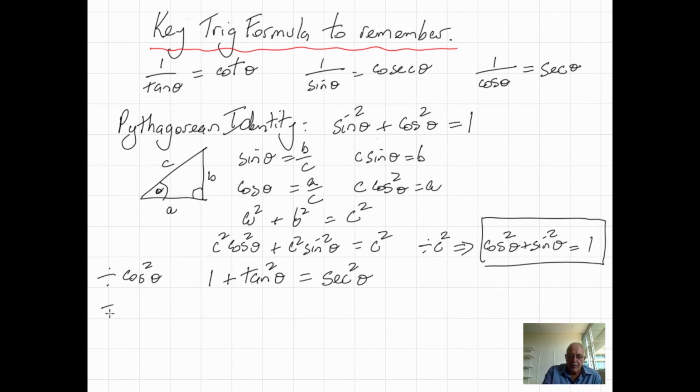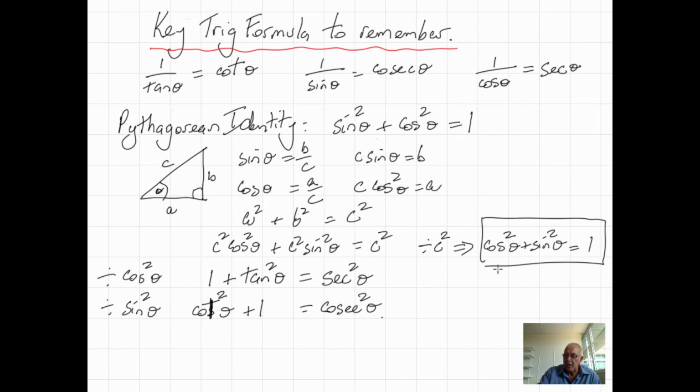If we divide right through by sine squared theta, we get cos over sine, which is cot, so we get cot squared theta plus 1 equals 1 over sine squared, and 1 over sine is cosec, so it'll be cosec squared theta.